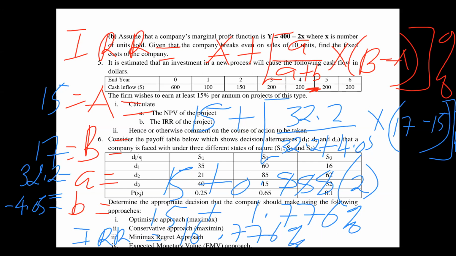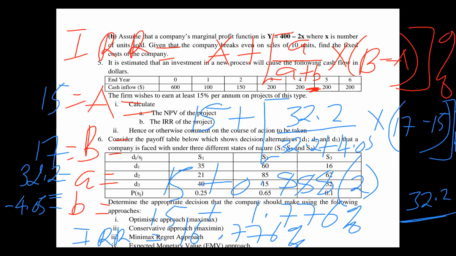Now, the question continues, it says, hence or otherwise, comment on the course of action to be taken. Should they invest in this project or not? Let's use first the net present value method. That first one where we found the net present value equal to positive 32.2.